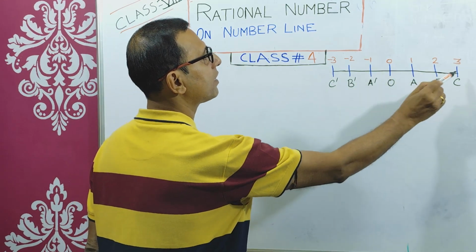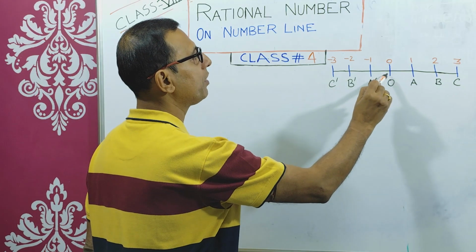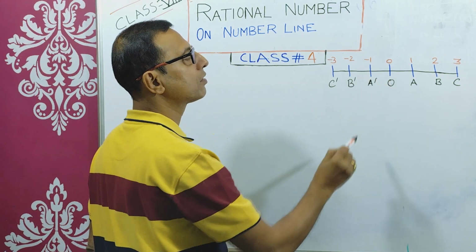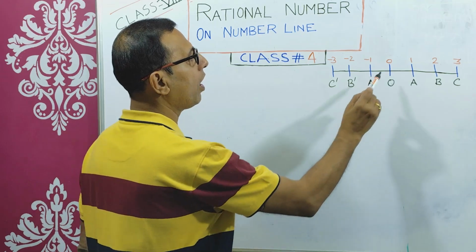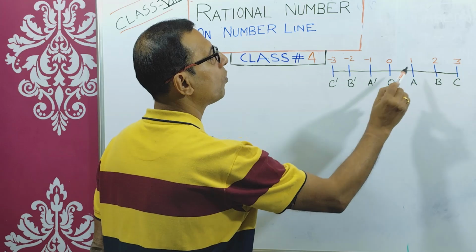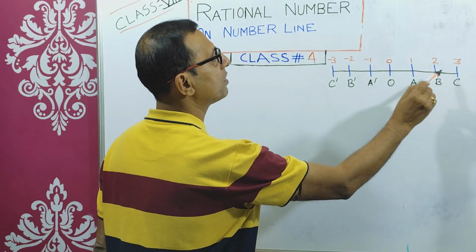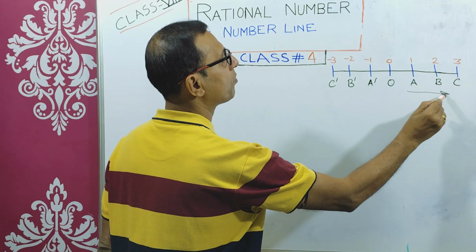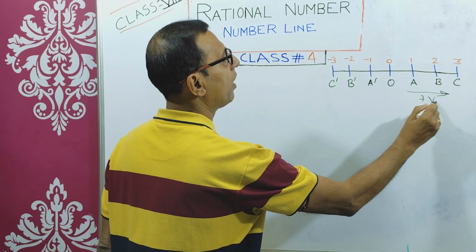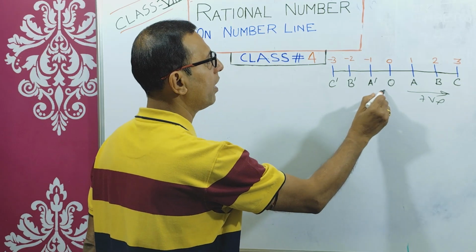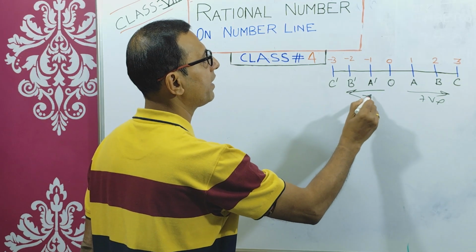So let's say this is a straight line. In between, you have point O, which has the value 0. Now you make equal parts: OA equals AB equals BC, equal parts on both sides. The right side of 0 is the positive direction and the left side of 0 is negative.